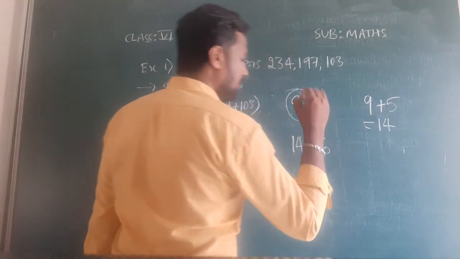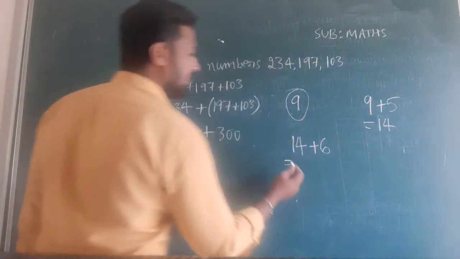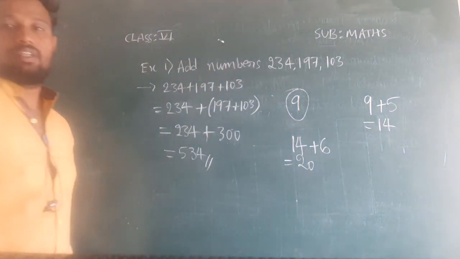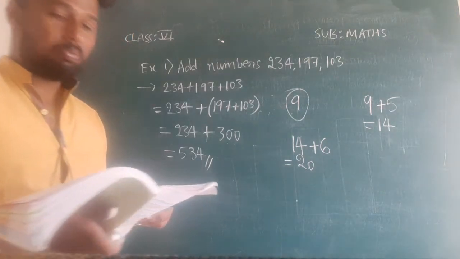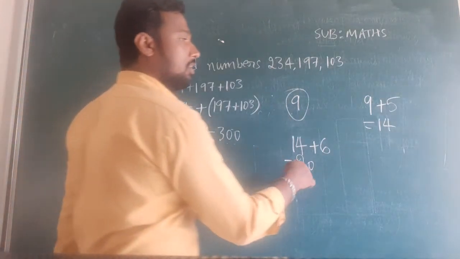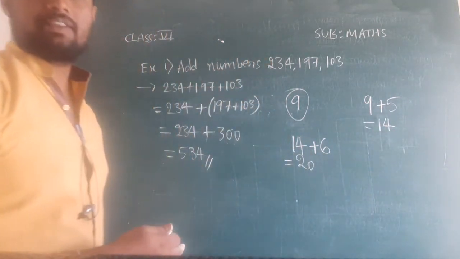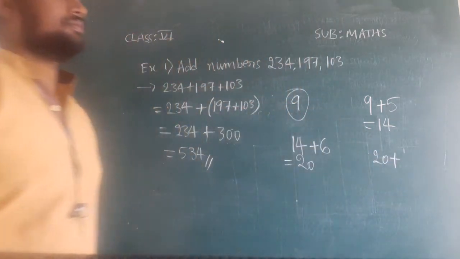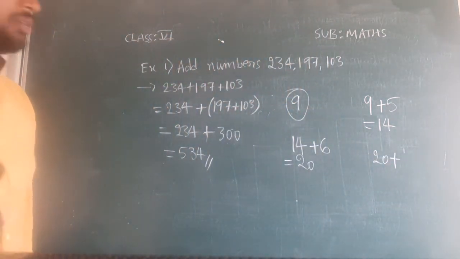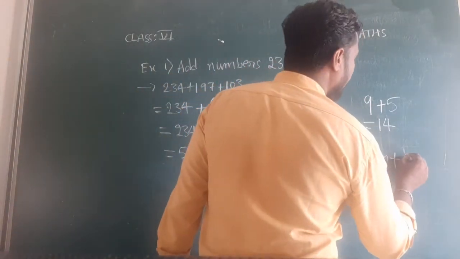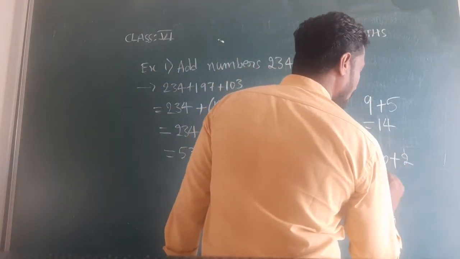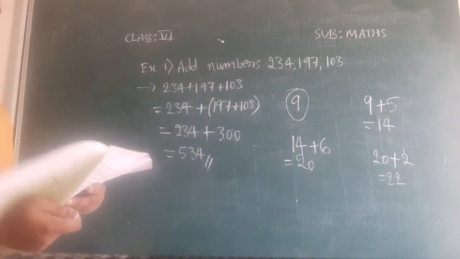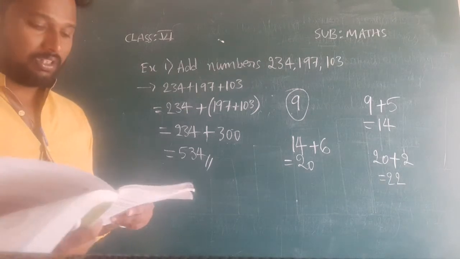If you tell 6, you have to add 6 to this 14, so you will get 20. Again your friend will get a chance. To this 20, he has to add any of the number between 1 to 10. So if he adds 2 here, you will get 22. Like this only you have to continue.